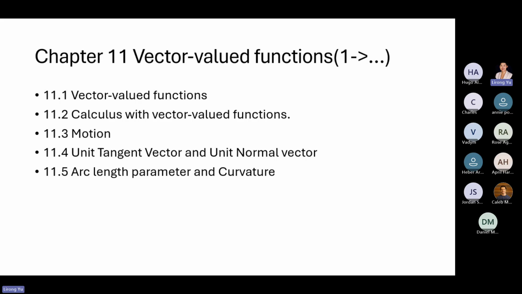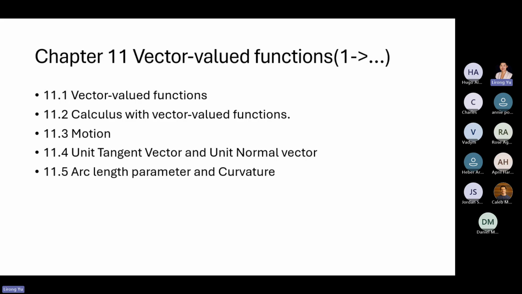11.5, the topic is called arc length parameter and curvature. They each serve their own purposes. Arc length parameter is a special parameter, unlike the t we normally use. The s in the arc length parameter, when s goes from 0 to 1 to 2, the distance traveled is exactly indicated by the parameter itself. So the parameter represents the arc length.